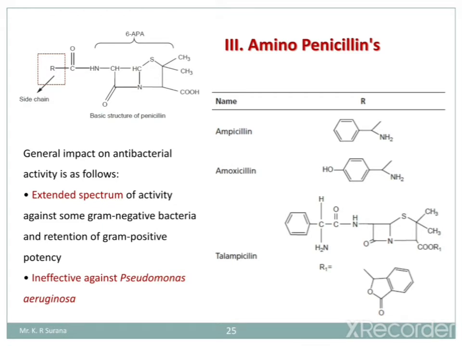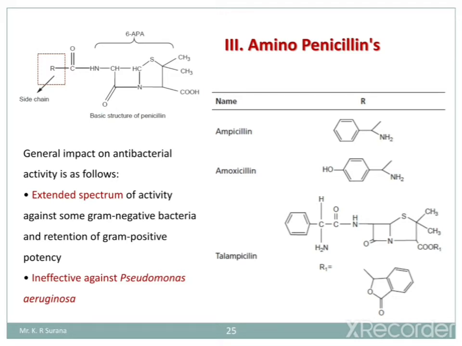The next example is talampicillin. The basic structure is given over here again. In this case, basically R has been substituted on the carboxyl group, and this R1 substitution on the carboxyl group is shown in the table, as you can see.